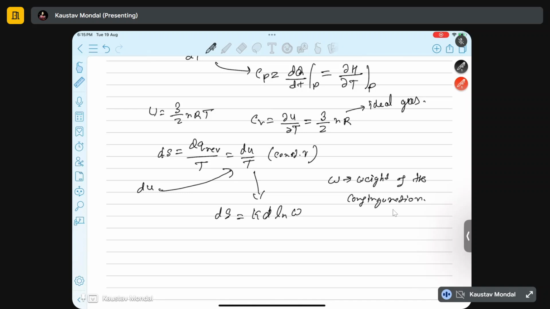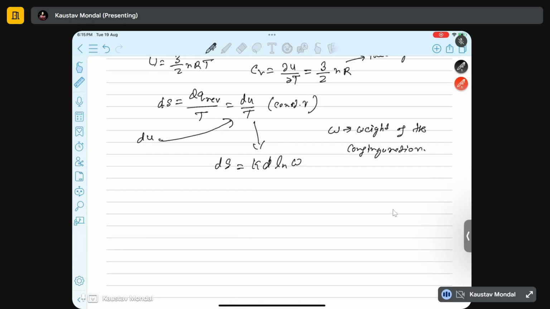This basically means, as in the very first lecture that we discussed, if the total number of particles is N, then out of this N, n0 particles are in state 0, n1 particles in state 1, n2 particles in state 2.